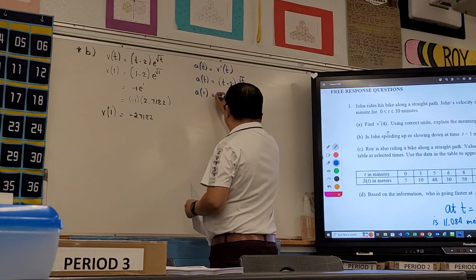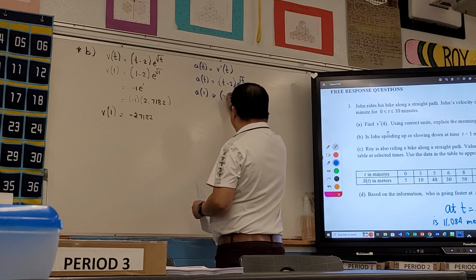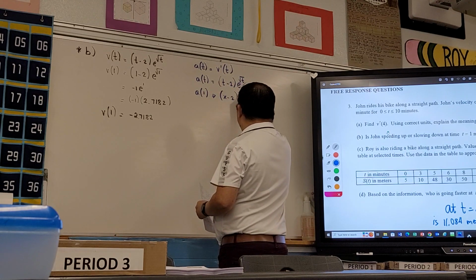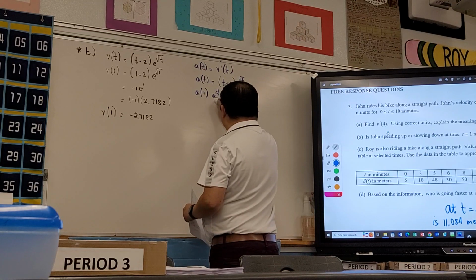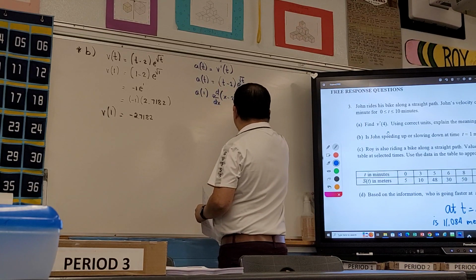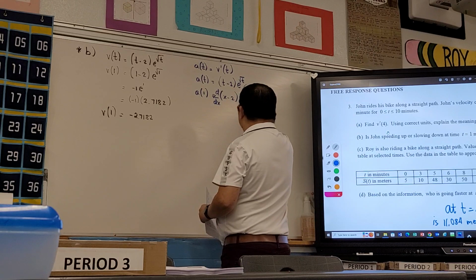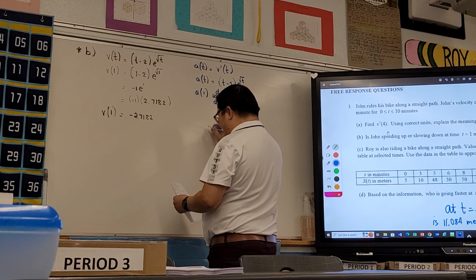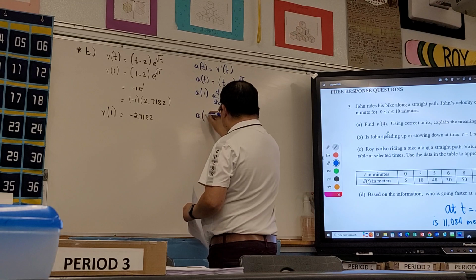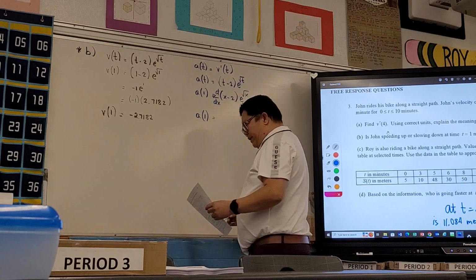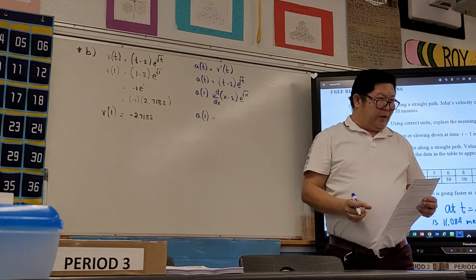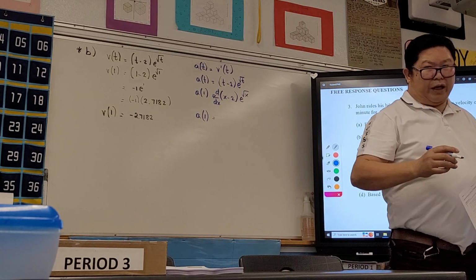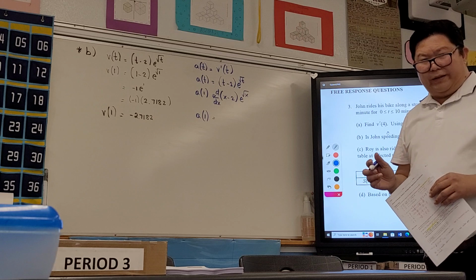We're gonna have to imply that this is d/dx of (x minus 2) e to the power of square root of x. And what is that? What is acceleration? So use calculator, do math 8.